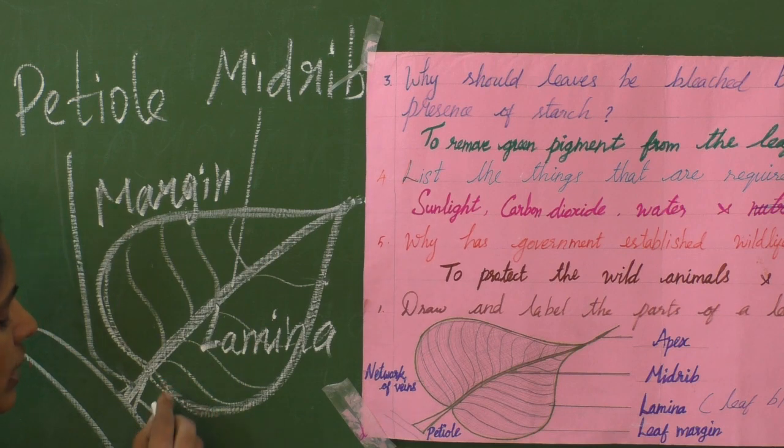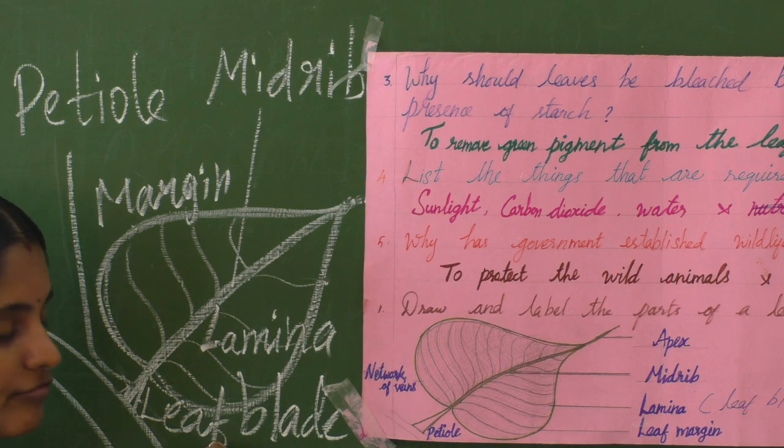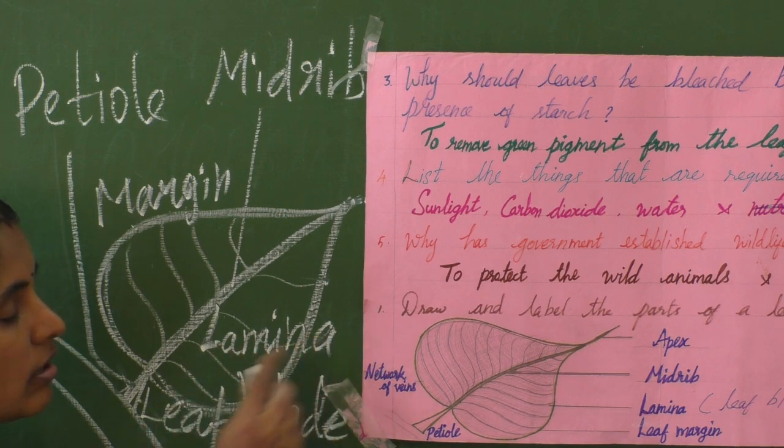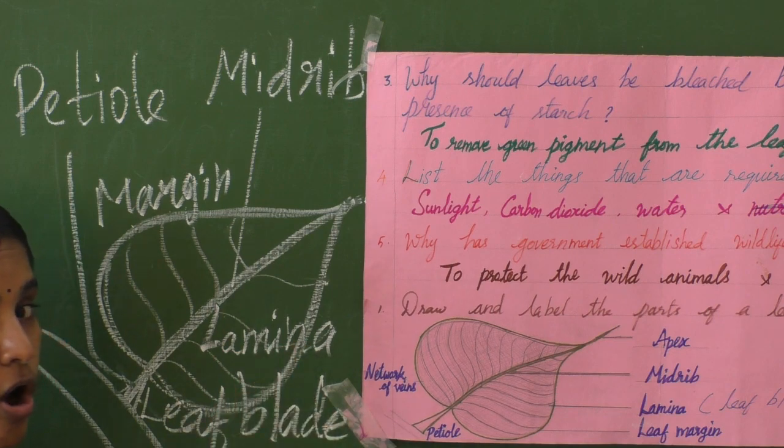Another word also we can use, leaf blade, L-E-A-F, leaf, B-L-A-D-E, leaf blade. Lamina, the full area of the leaf, we can call it as lamina or leaf blade.